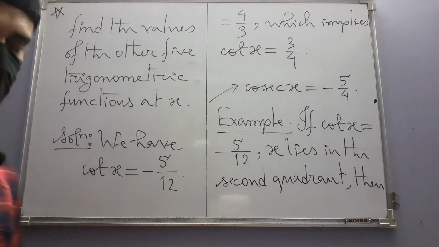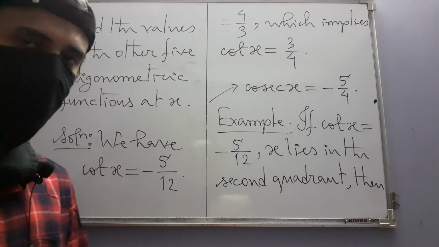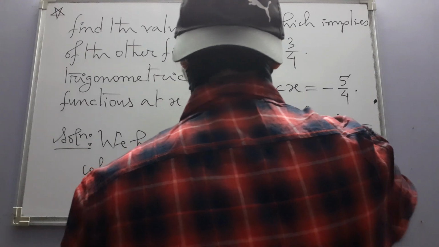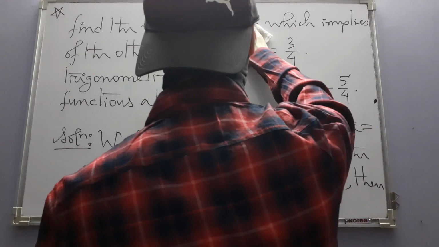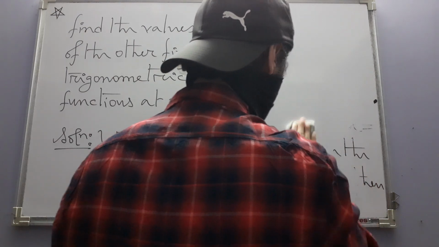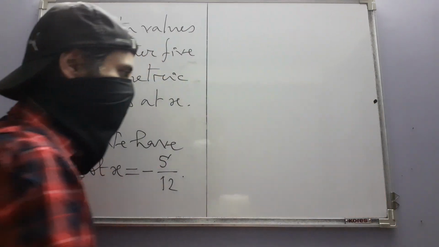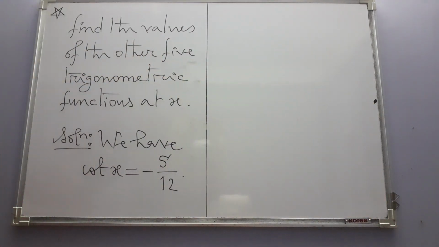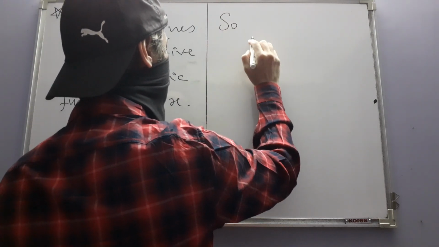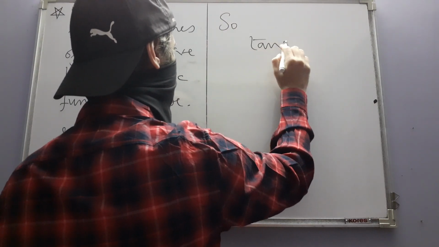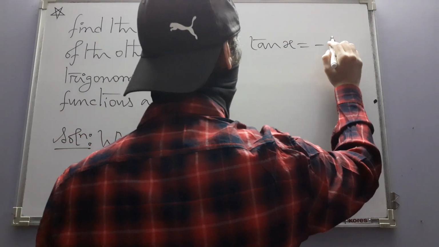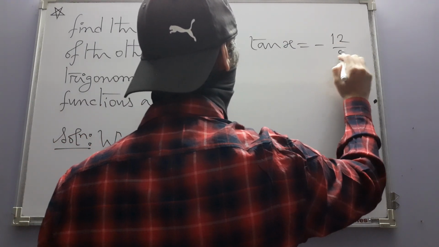So tan x will be its reciprocal, that is minus 12 over 5. So tan x is minus 12 over 5.